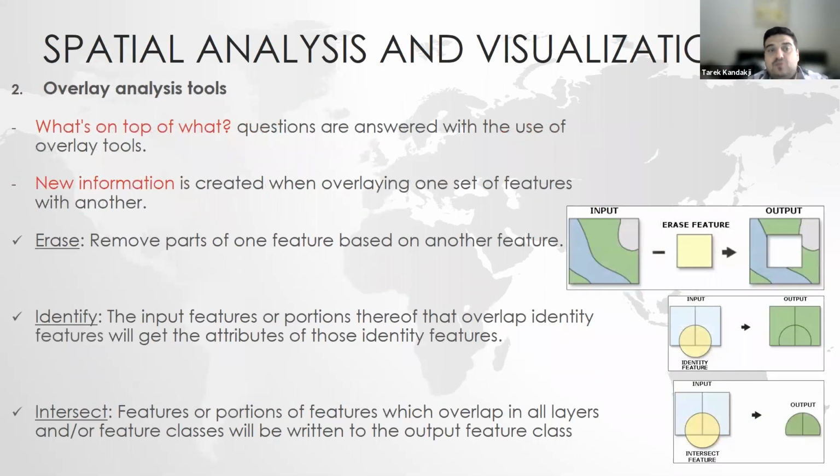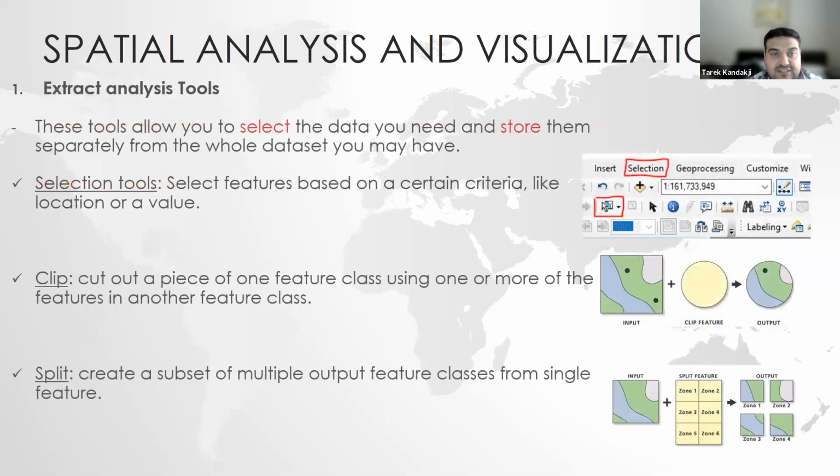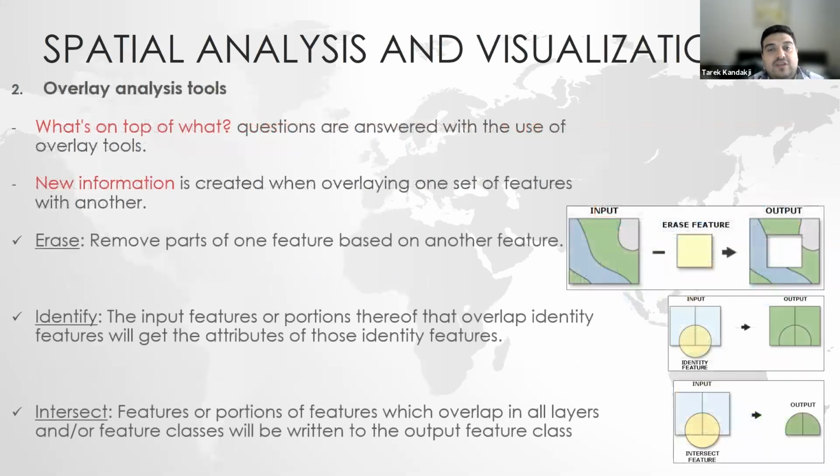Now we're gonna move to another analysis, the overlay analysis. So we finished the extract analysis, how to extract data. Now overlay analysis. Overlay analysis answers the question of what's on top of what. Like we deal with geography, and the way the world is built, you have things on top of other things.